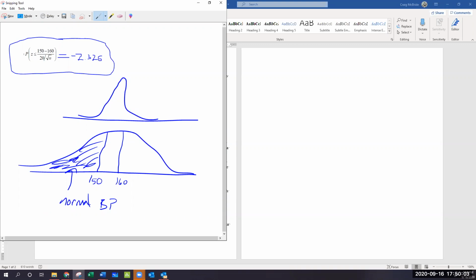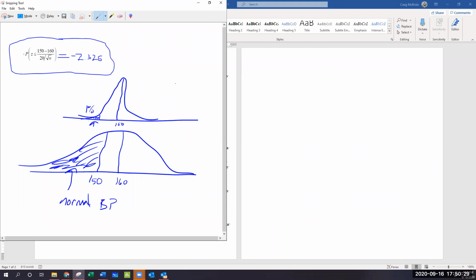Here's still your mean at 160, but 150 is way down here, and you have very little there. The idea is how big does our sample size have to get so that everything scrunches together so that the chances of being down here is only 1%.